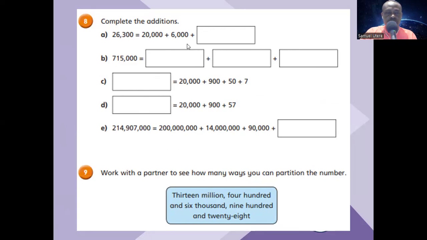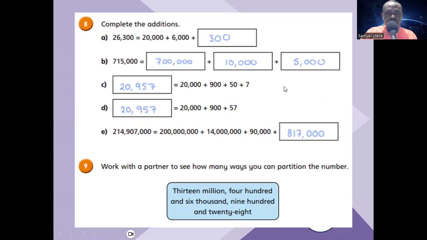Here you need to partition and complete the number. Here are the answers. Question 9, you can work with your partner to have fun learning maths. Just get some numbers, see how many ways you can partition the number, especially the numbers you've worked with in this lesson.